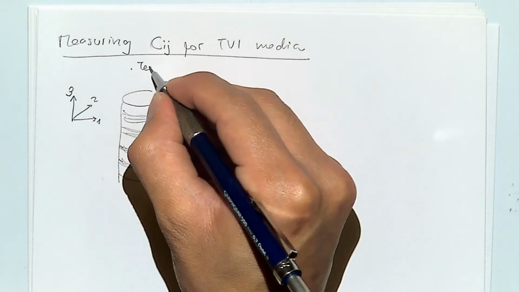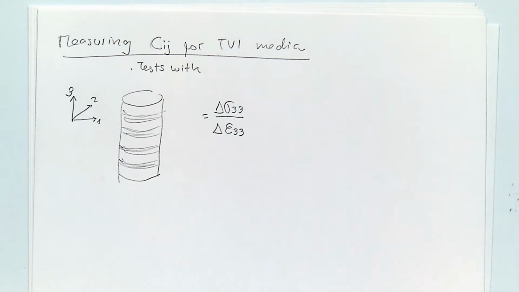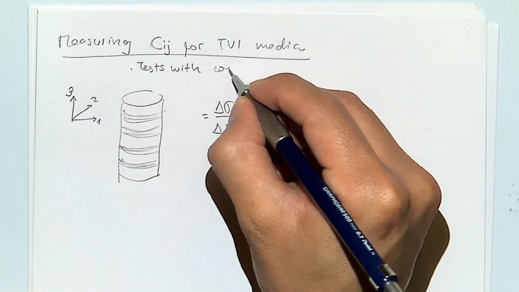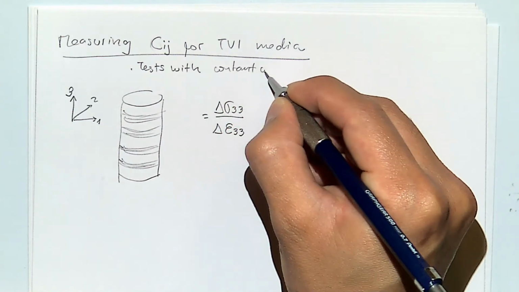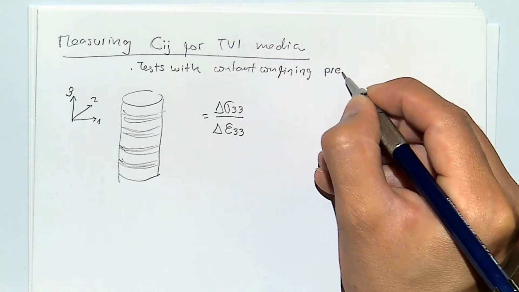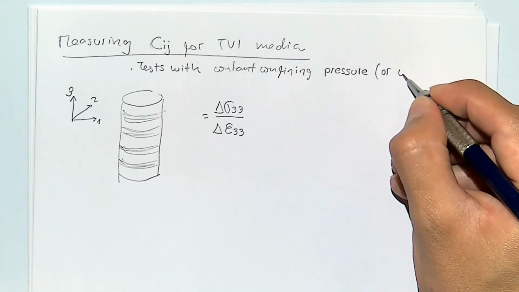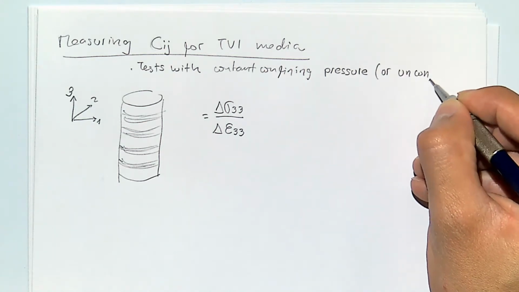The typical tests done for these measurements are done with constant confining pressure, but it could be similar to unconfined.